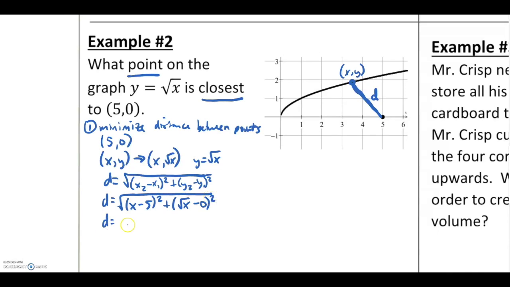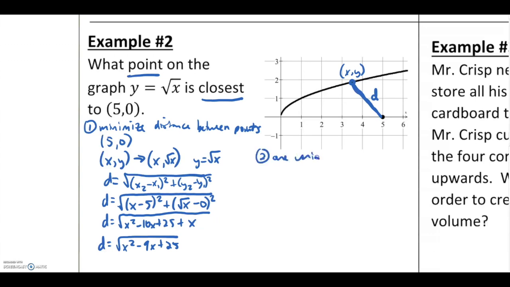And we can simplify this down a few more steps. I'm going to expand this out, and we'll get our distance will be defined as square root of x squared minus 9x plus 25. And remember that question we got to ask ourselves: is this all in terms of one variable?